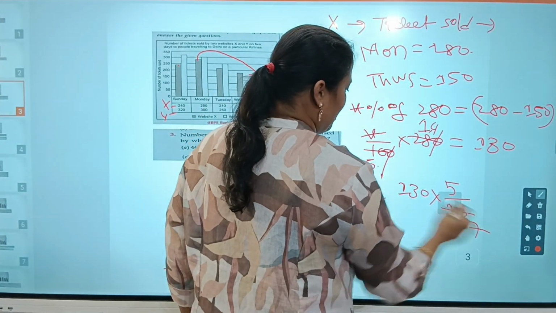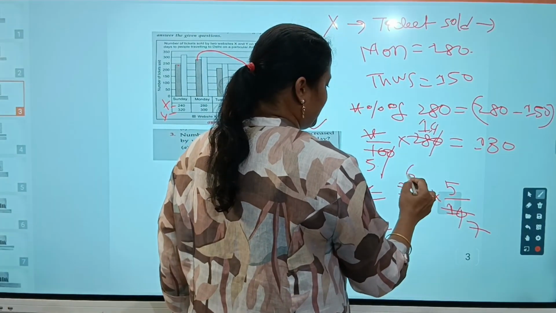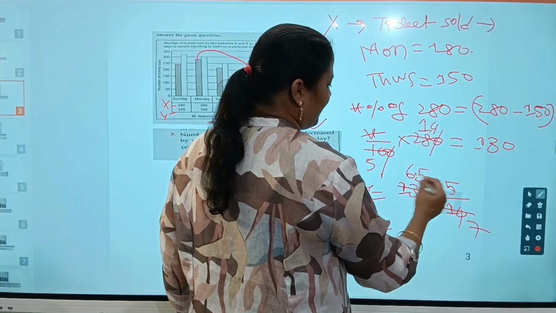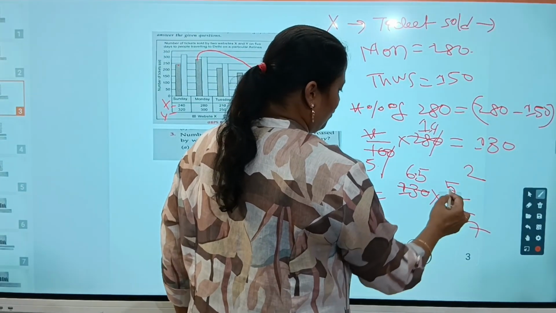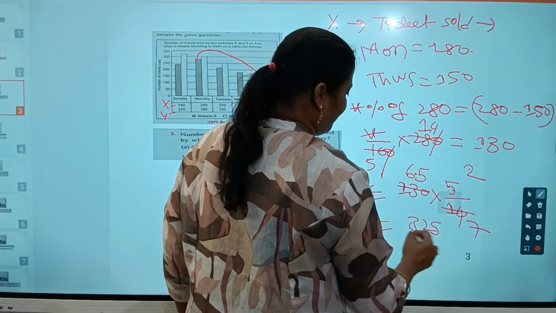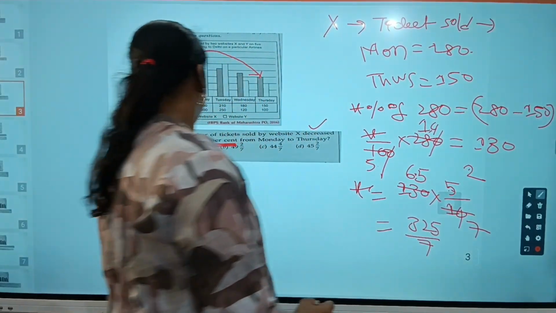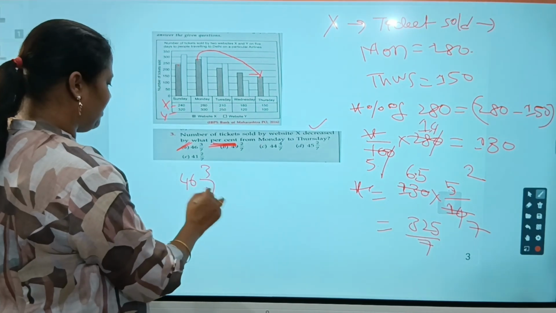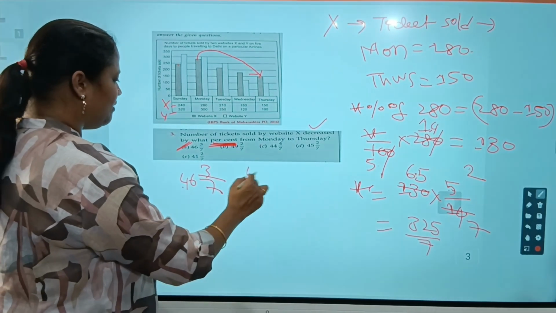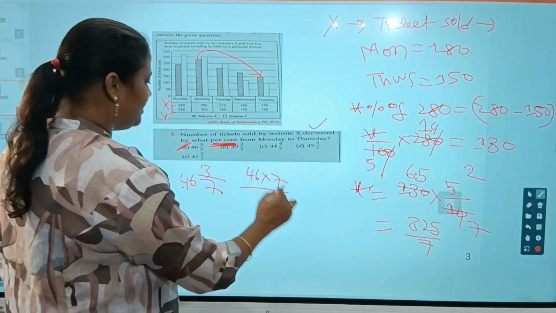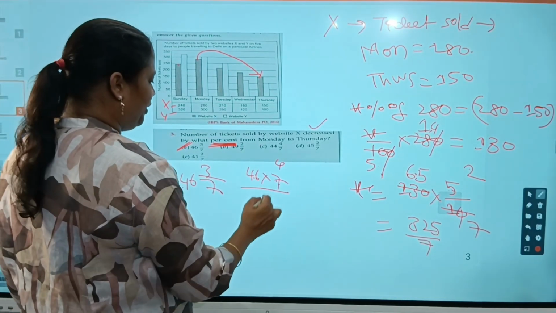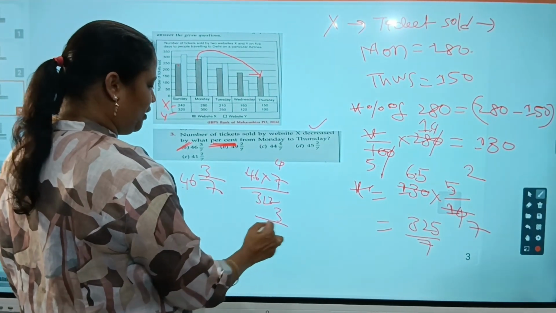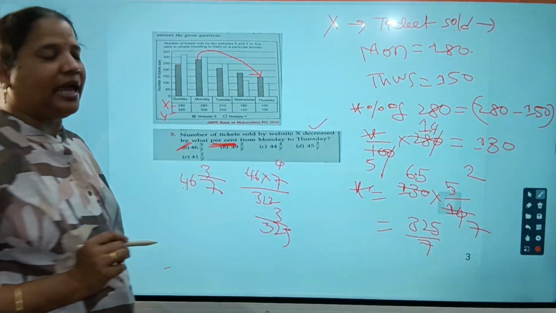So 2 sevens are 14, 26 fives are 130, so 65 into 5 is 325 by 7. So it comes 46 3 by 7, because 46 into 7: 7 sixes are 42, 7 fours are 28, 322 plus 3 is 325. So the answer is A.